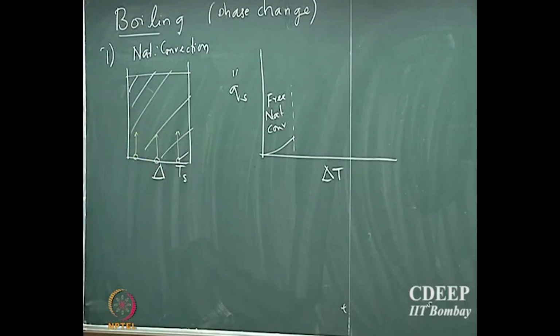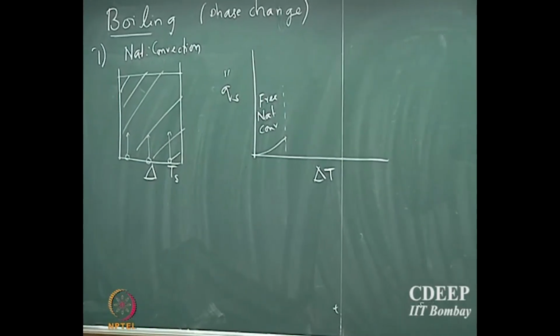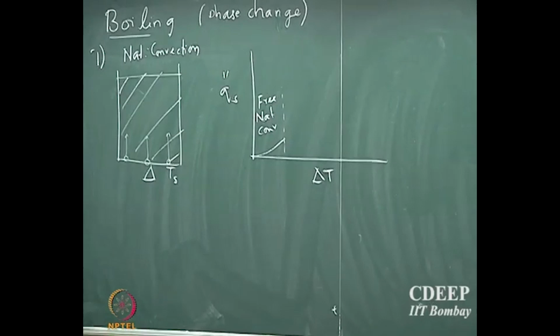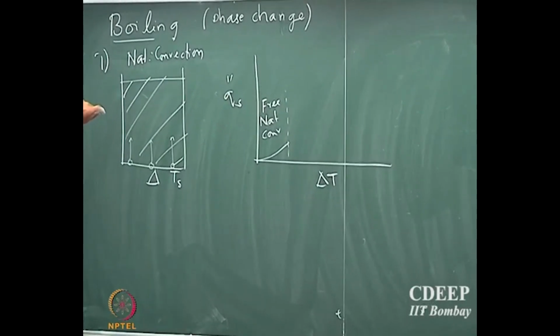This will set up the recirculation motion in this container, and that causes the natural convection. So the dominant mode of heat transport here is simply natural convection, because of displacement of the fluid.